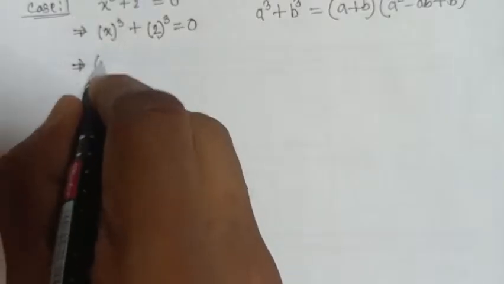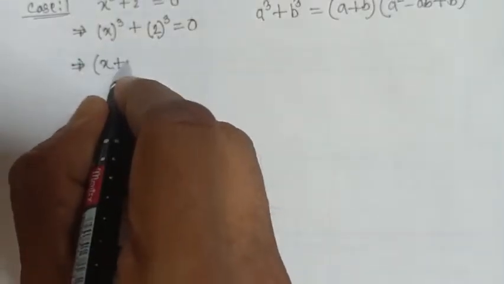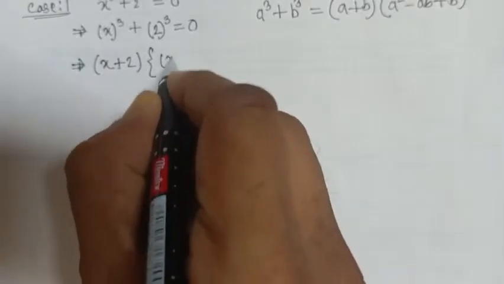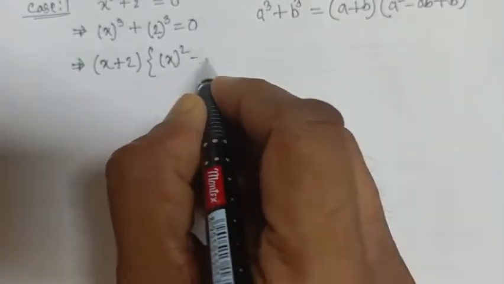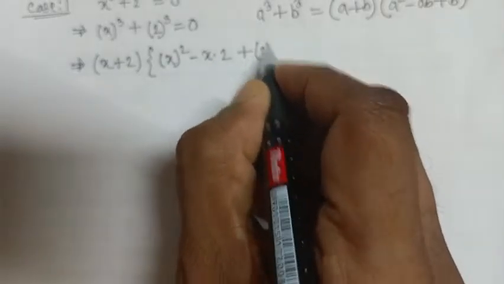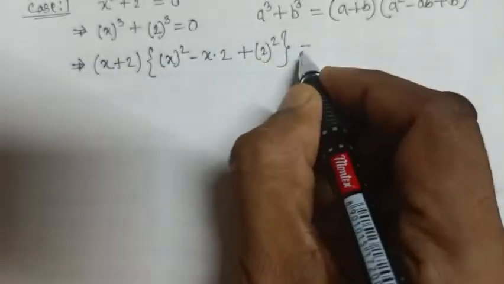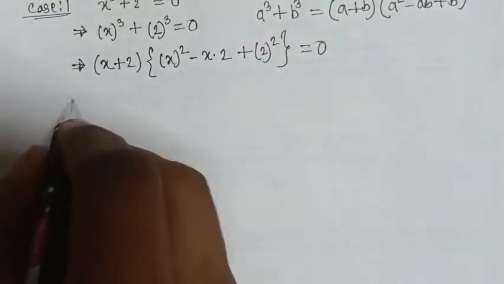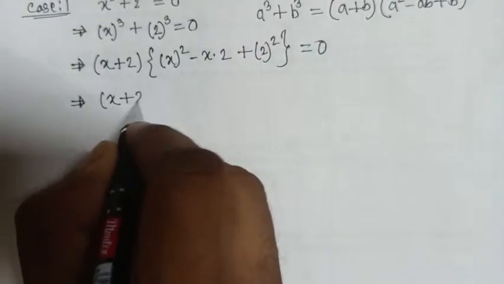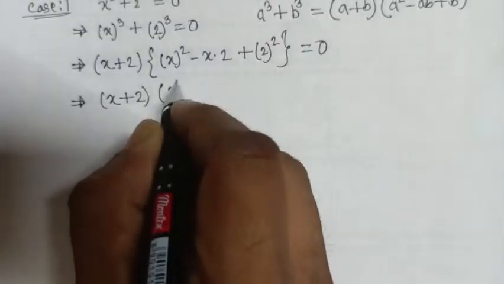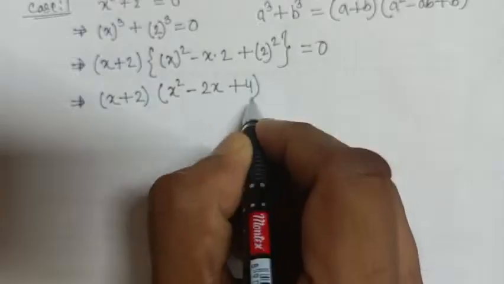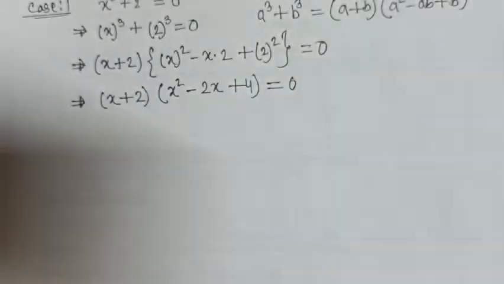That equation should be like this: x plus 2 into x square minus x into 2 plus 2 square equals 0. So x plus 2 into x square minus 2x plus 4 equals 0.